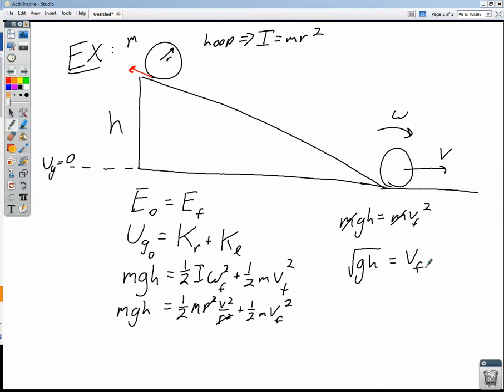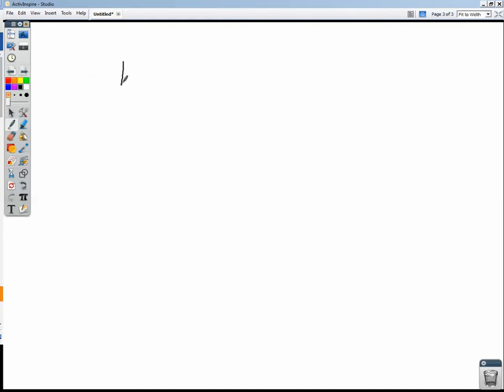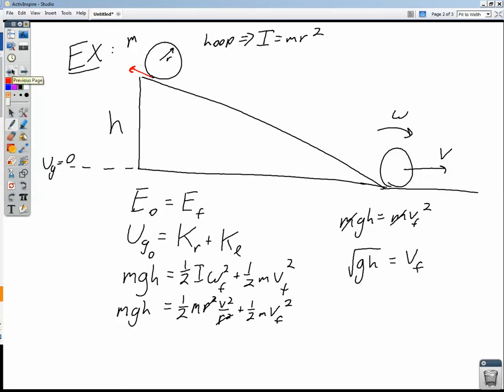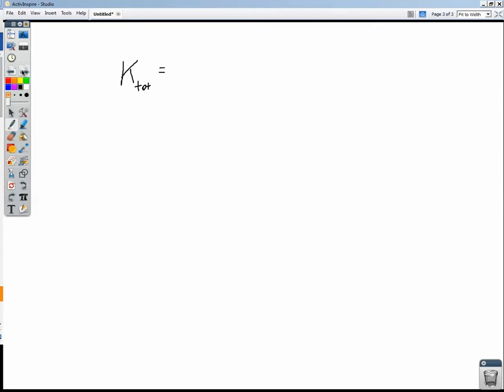So another interesting question to ask is what percentage of the final kinetic energy is rotational and what percentage of the final kinetic energy is translational or linear. And we can go ahead and remember that the total kinetic energy is going to equal, going back, m g h, which is going to be m v final squared.